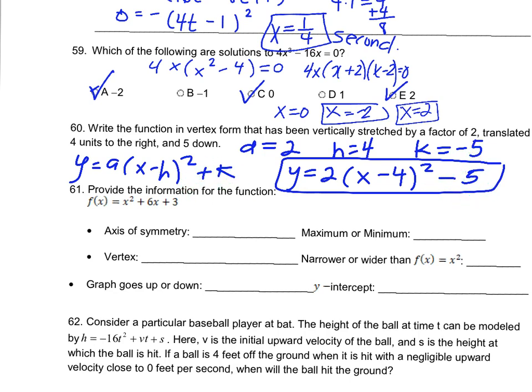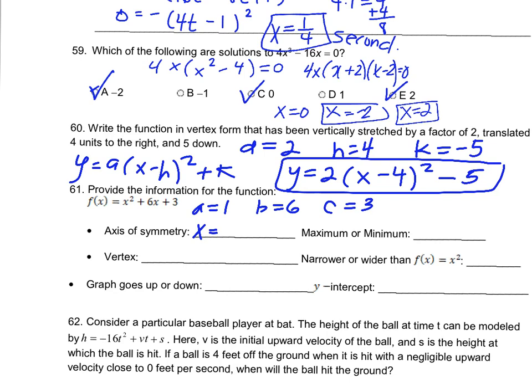That's your answer. Okay, on number 41, you need to identify your A, which is A equals 1, your B, which is 6, and your C, which is 3. For the axis of symmetry, you need x is equal to negative B over 2A. So you're going to have negative 6 over 2 times 1, which equals negative 3.